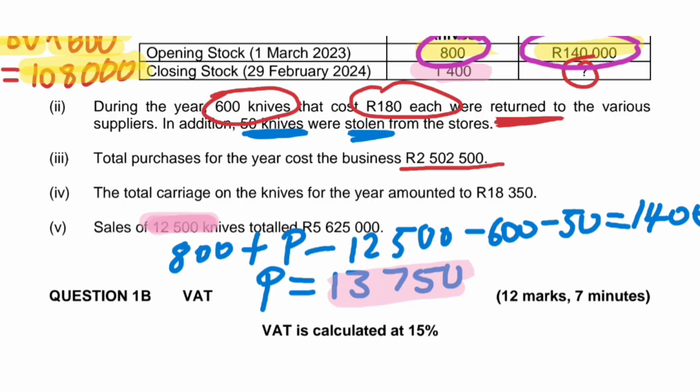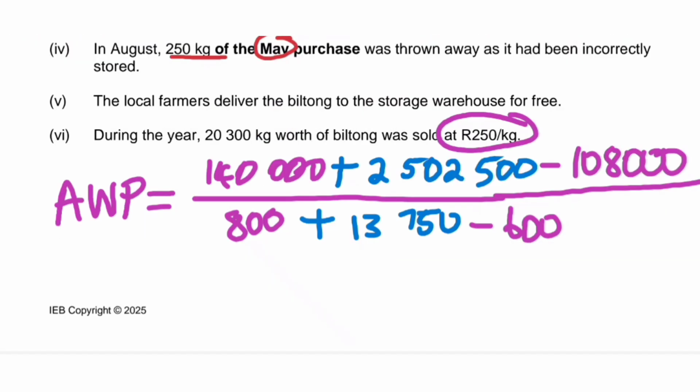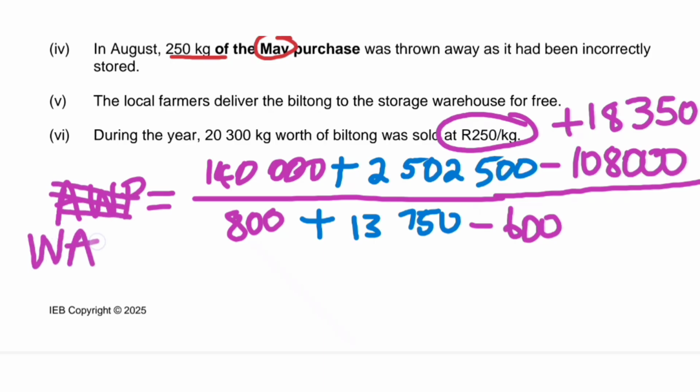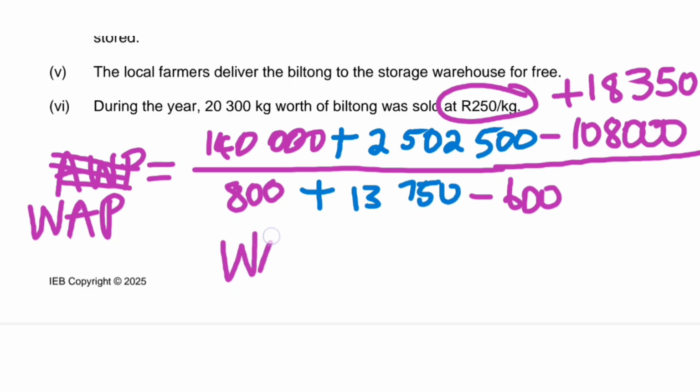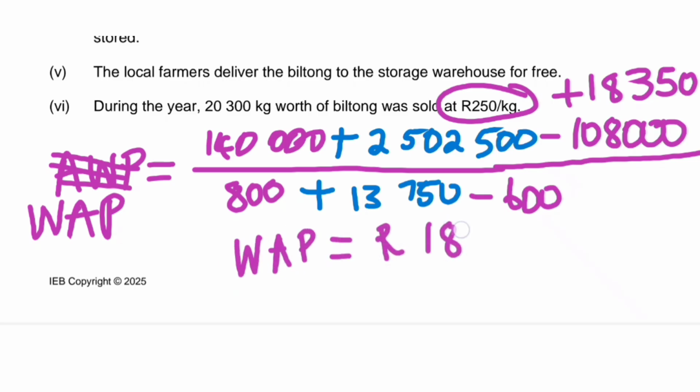So we need to take this carriage of 18,350 rands and add it as part of the cost of the knives that we have purchased. I've run out of space here, so we'll just put it up here, plus 18,350. Now you can work out the weighted average price. Here I put AWP, what is that? Weighted average price. And the weighted average price per knife is 183 rands. And all done.